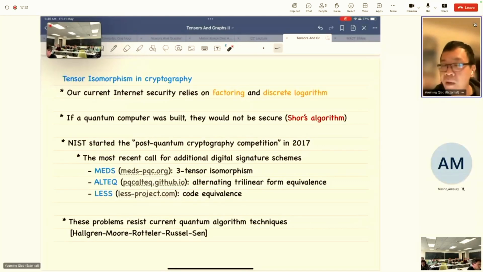Essentially, the mathematical reason is that the irreducible representations of the general linear groups over finite fields as well as the symmetric groups are of large dimension. That's why we believe that the current quantum algorithm techniques won't work for these problems.